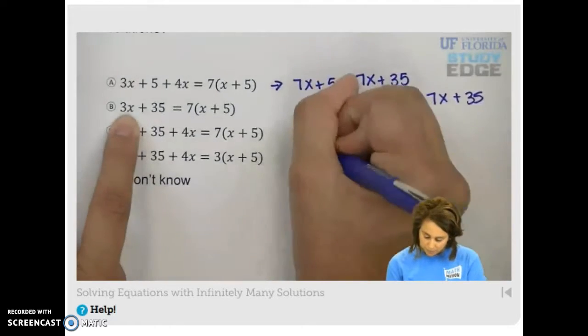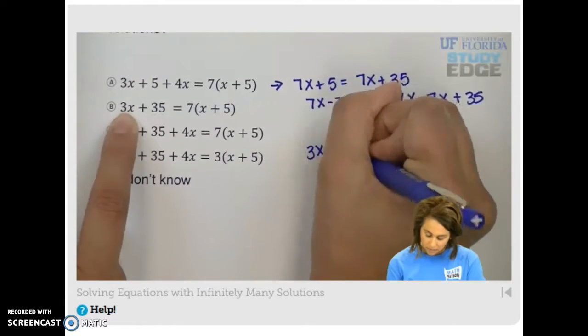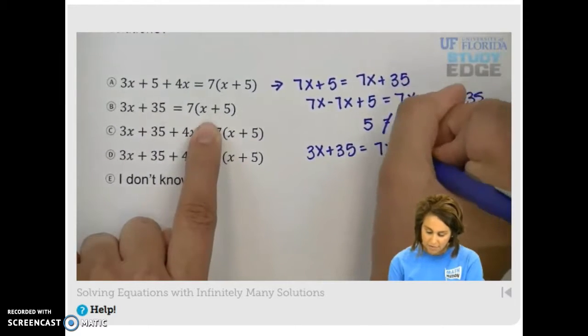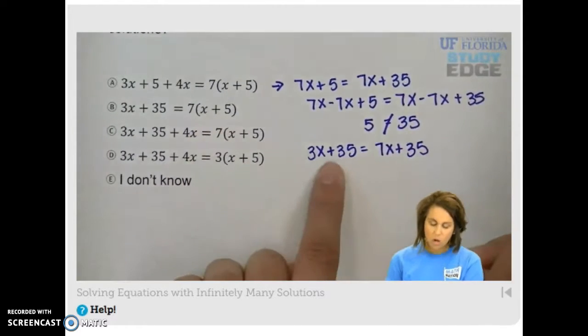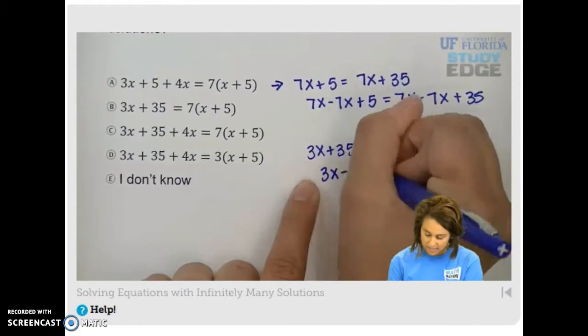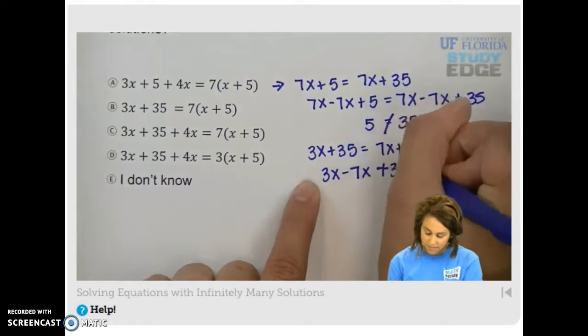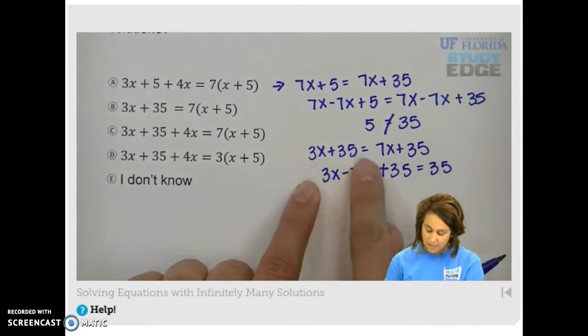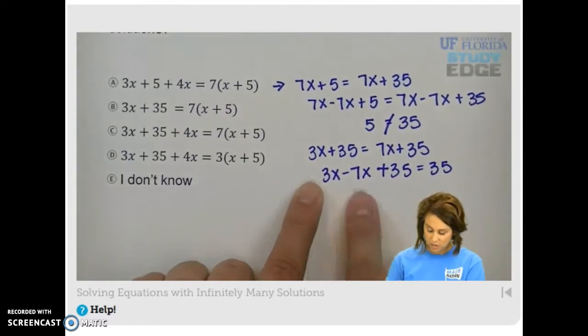3x plus 35 equals, if we distribute that 7, we know we have 7x plus 35. And we can go ahead and combine like terms here by subtracting 7x from both sides. And when we do that, our 7x's are going to go away on the right-hand side, right?